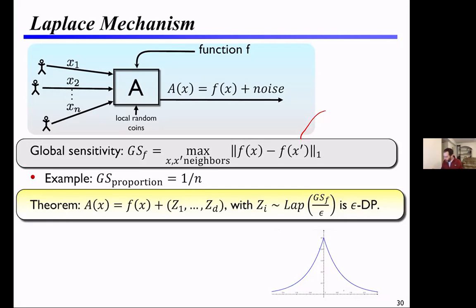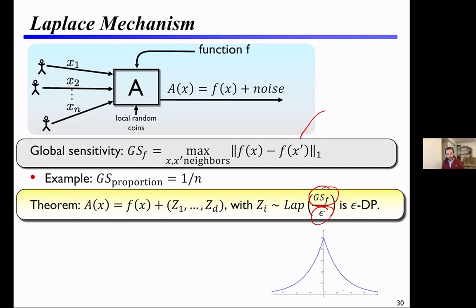The amount of noise we have to add is proportional to the global sensitivity of the function, the measure of how much it varies when we change one entry, divided by epsilon, the privacy parameter. So the more sensitive the function is, the more noise we have to add, and the stronger a privacy guarantee we want, meaning epsilon going down, the more noise we have to add.